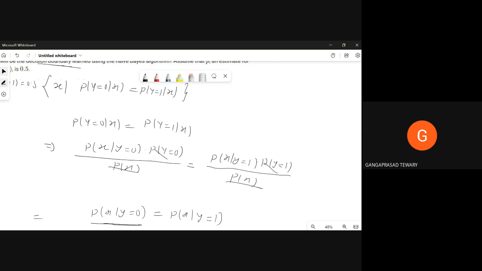For both cases it is negative, because we are maximizing the likelihood. Yeah, both are negative. That's the reason we go for negative.